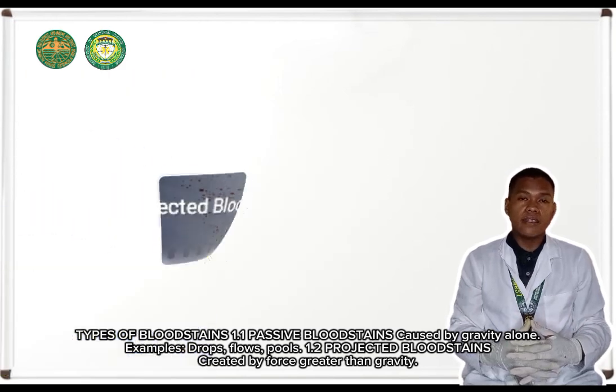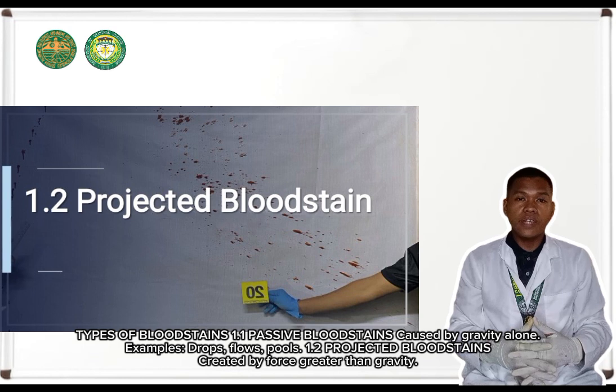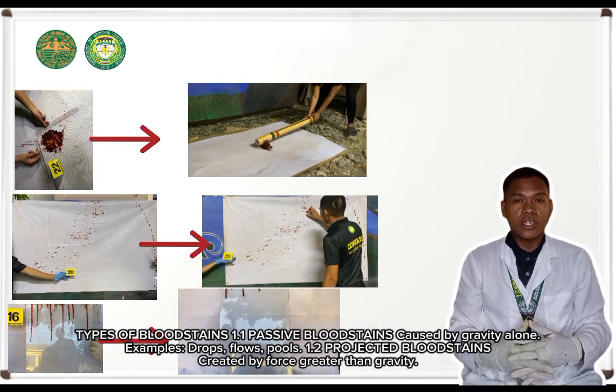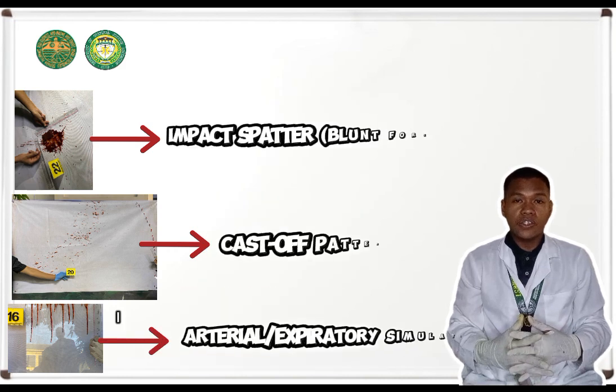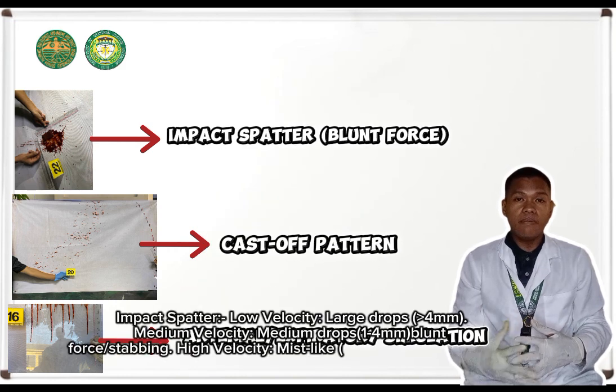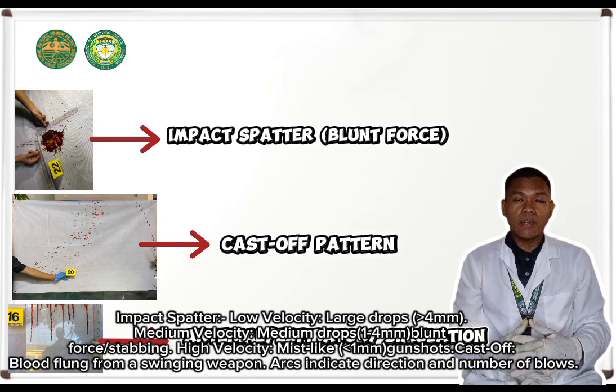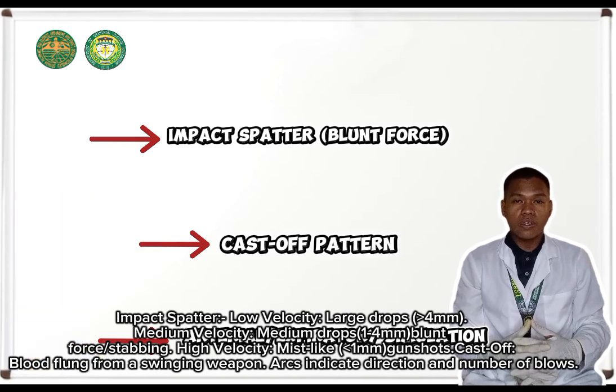Projected bloodstains are created by force greater than gravity, like impact spatter: low velocity, large drops of about 4 cm or more; medium velocity, drops of 1 to 4 cm, from blunt force or stabbing; high velocity, mist-like drops of about 1 cm or less, from a gunshot. Cast-off is blood thrown from a swinging weapon. Arcs indicate direction and number of blows.